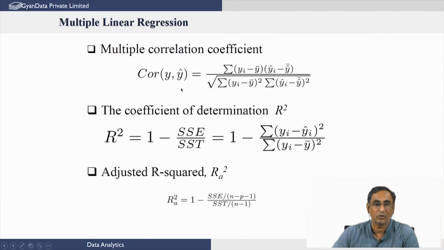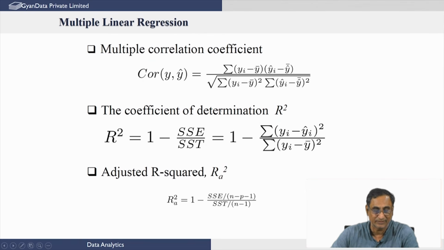Typically, we will plot the measured value against the predicted value and see whether the points fall on the 45-degree line, and if they do, then we think that the fit is good. Another way of doing this is to find the correlation coefficient between y and y hat, which is simply the sum of yi minus y bar multiplied by yi hat minus y hat bar, divided by the standard deviation in y and the standard deviation in y hat. That is for normalization.